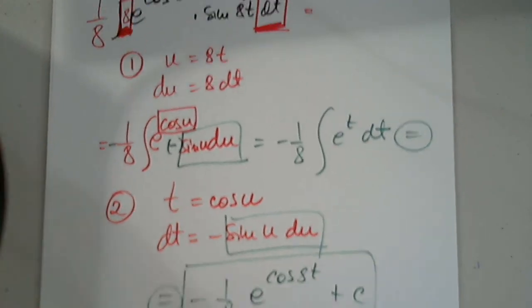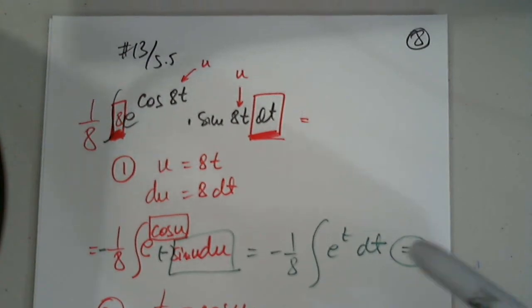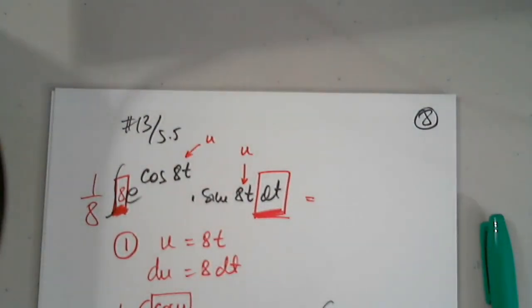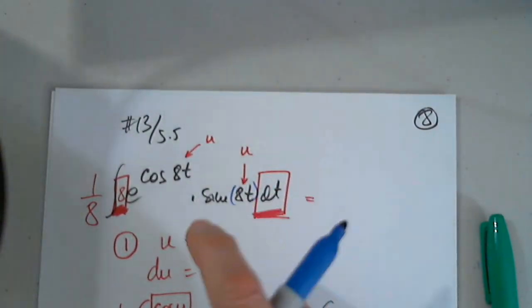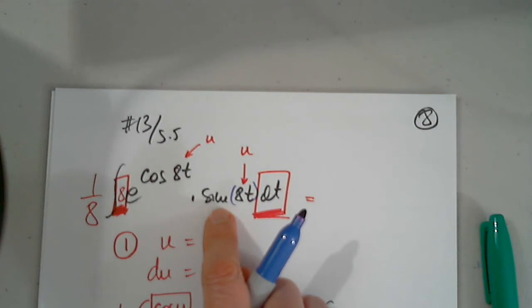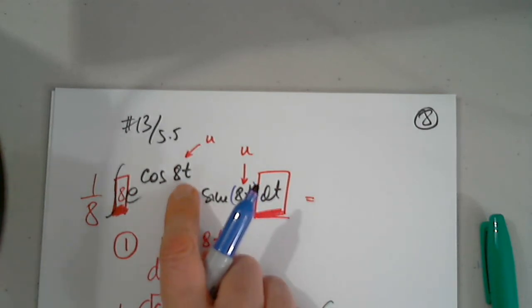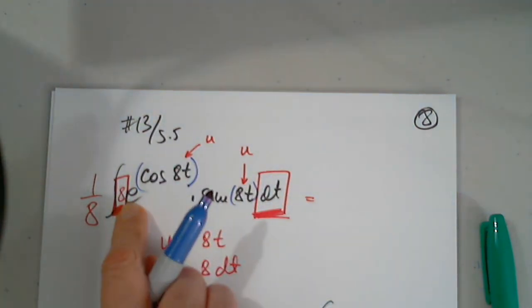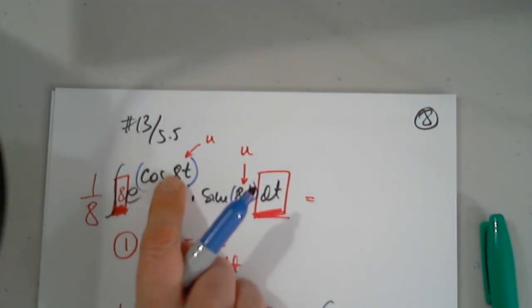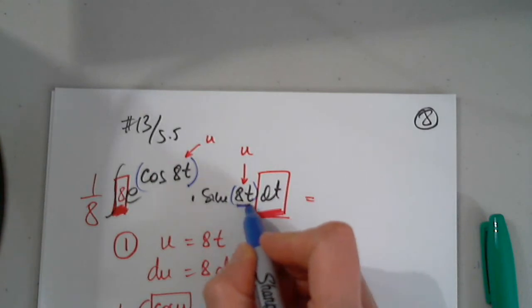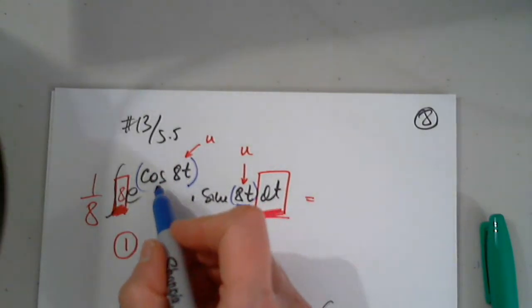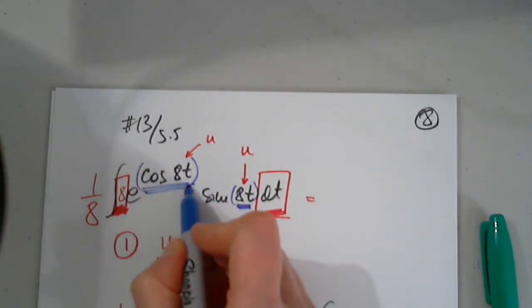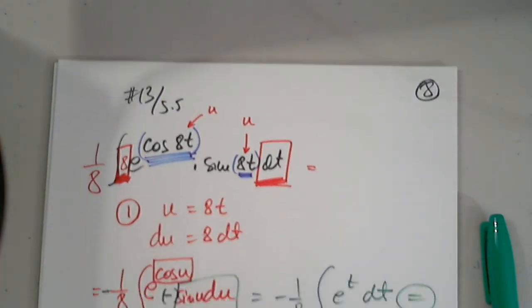So you understand why I needed 2 steps. One, because I had a function inside sine and cosine, and then I had another function inside e to the x. So this was my first layer, number 1, and this was my second layer.